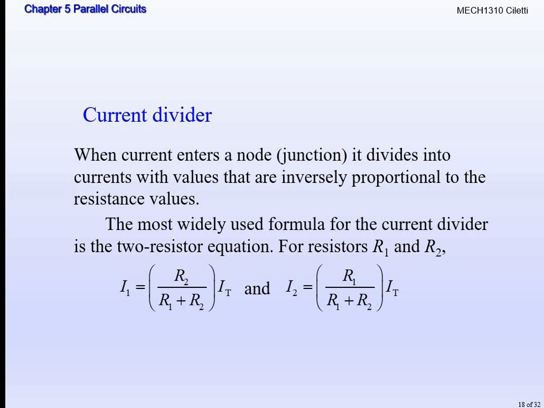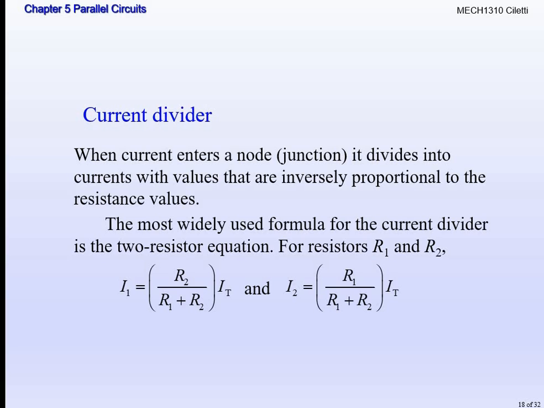Remember, a voltage divider, we took a specific resistor over the total resistance times the voltage source. So if you look back at chapter 4 where we used voltage dividers, that gave us different voltage drops across the resistors. In here, it's going to give us the individual currents. What you really need to pay attention to is it will always be the opposite resistor over the sum of the two resistors.